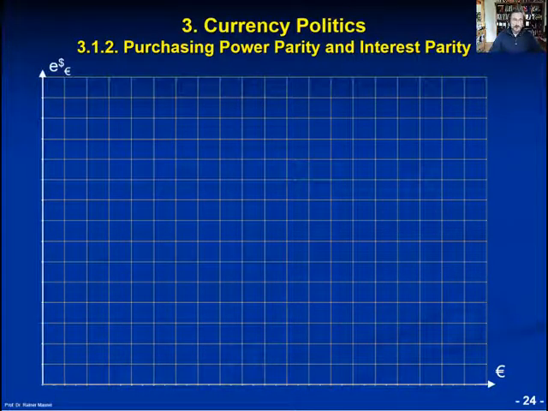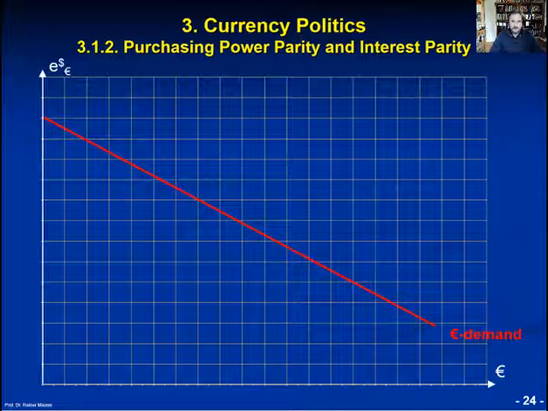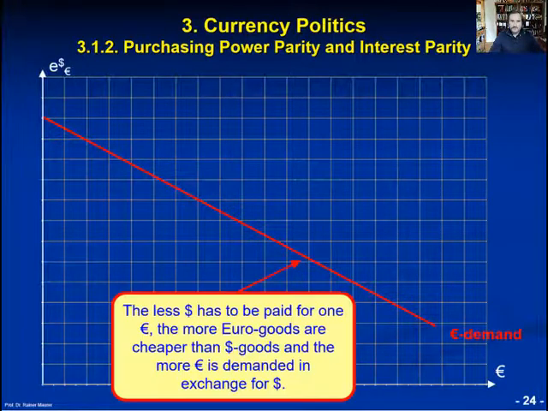The euro demand curve has the usual negative slope as we have just seen. The less dollar has to be paid for 1 euro, the more euro goods are cheaper than dollar goods, and the more euro is demanded in exchange for dollar.